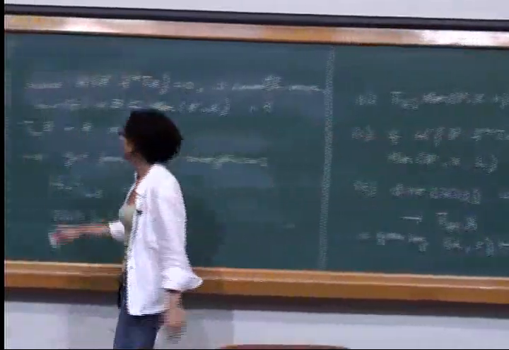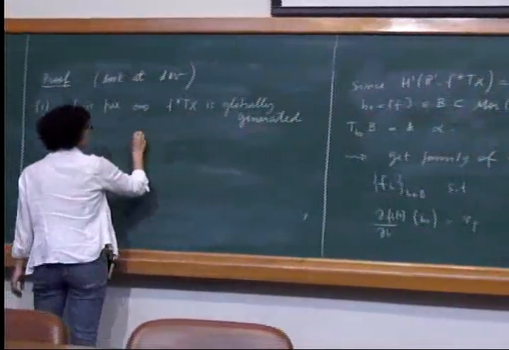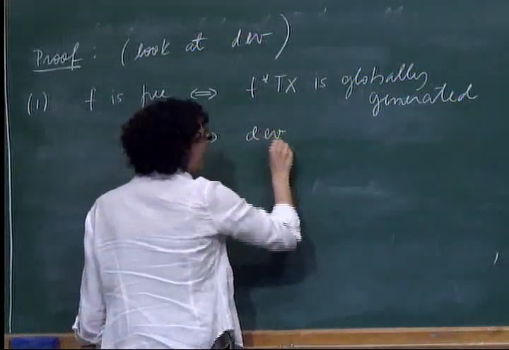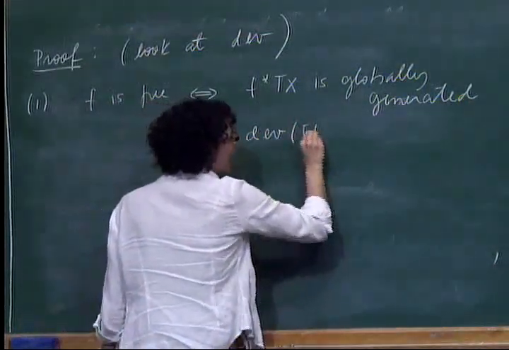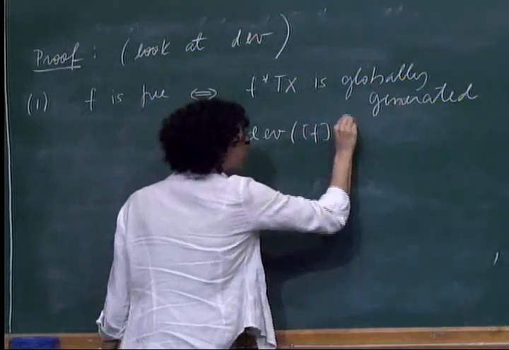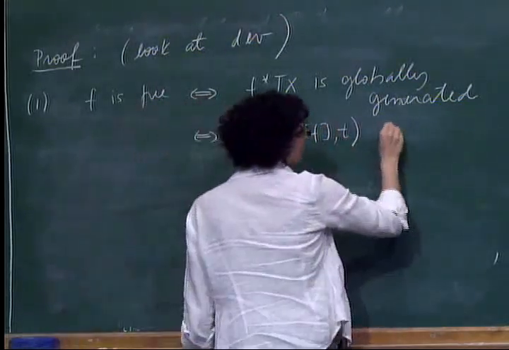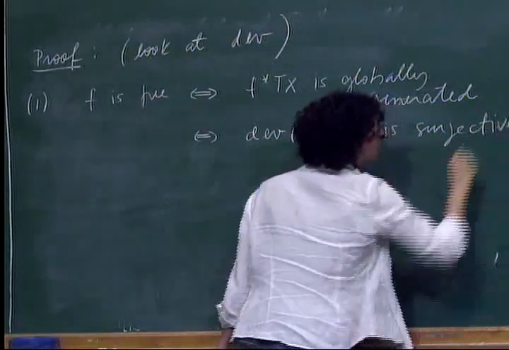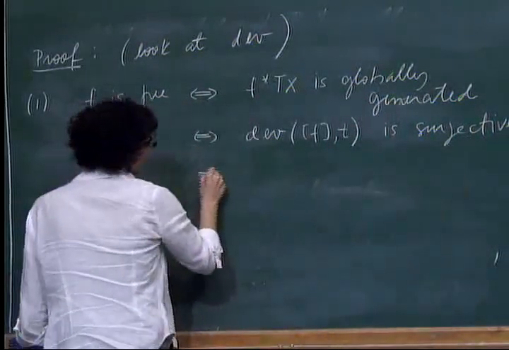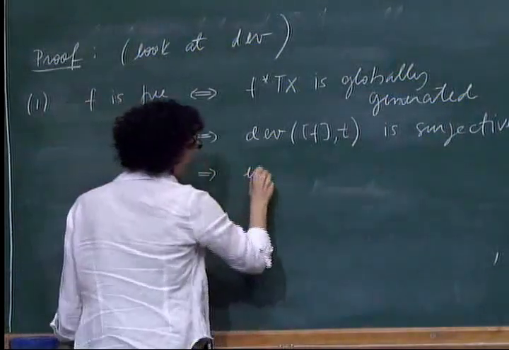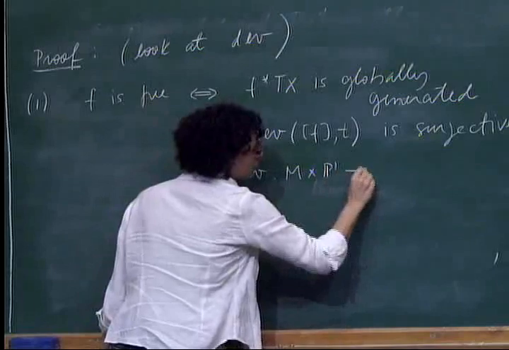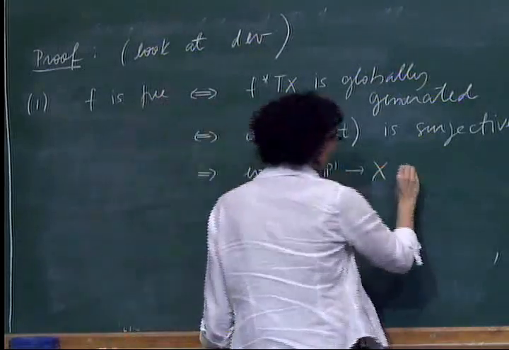Now, since this is globally generated, this is exactly saying that the differential at the point f and any point t in P1 is surjective. And this, of course, implies that f from M × P1 to X is dominant.